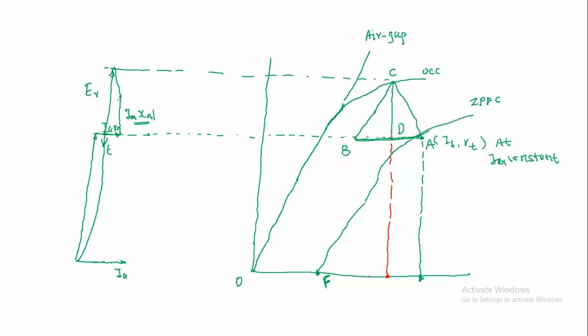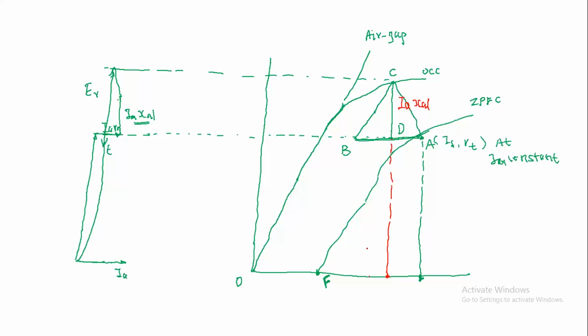IRA is a small value in phase with this VT, and this is nothing but IAXL. So CD is nothing but IAXL.